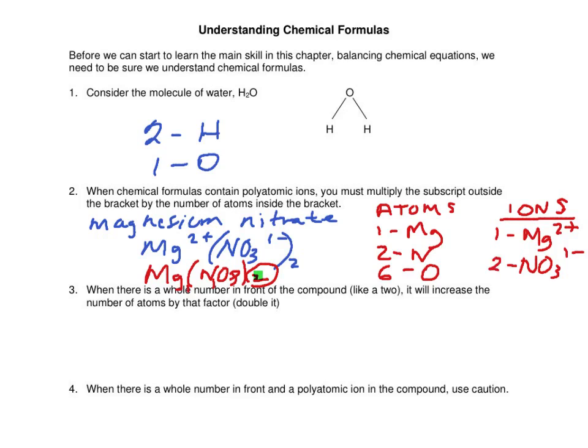So there's 2 nitrates. If you want to look at your charges and confirm that you're right, 1 2+ ion is a 2 positive total charge, and 2 1- ions is a 2 negative charge, which is equal but opposite, 2 positives and 2 negatives.